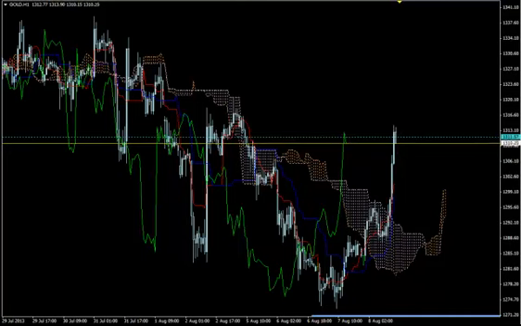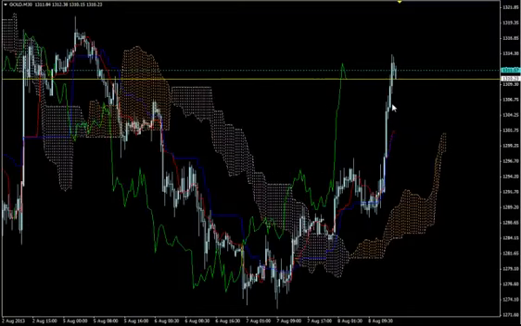So we go to a smaller time frame. We want to see Chiku-span going straight up on H1. Okay, we go to M30. On M30 we see that there is an upward slope on the leading Kumo.